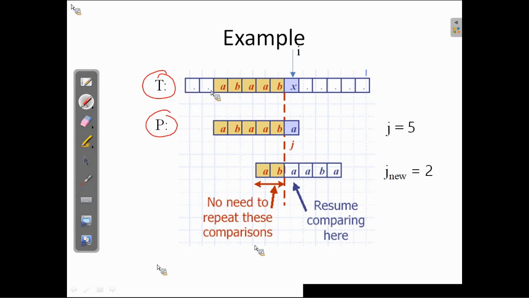Now understand the argument. Say whatever has happened before or later, don't worry. Now see what happened. Here A matched with A, B matched with B, this A matched with this A, this B matched with this A. Now in the given text there is an X here and there is an A here. So this is called the point of mismatch.